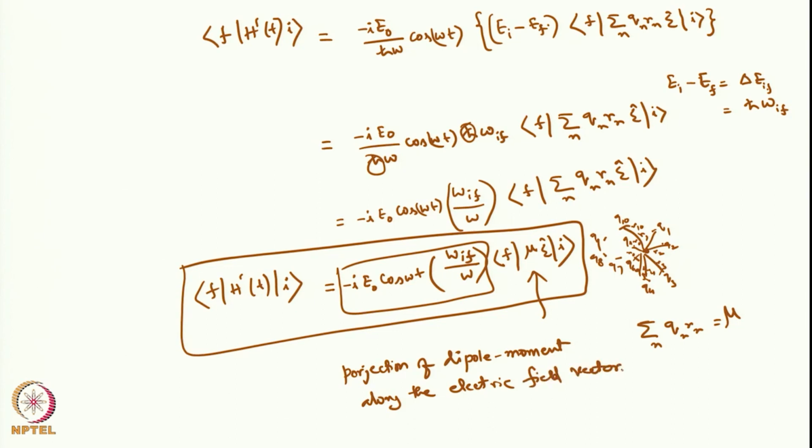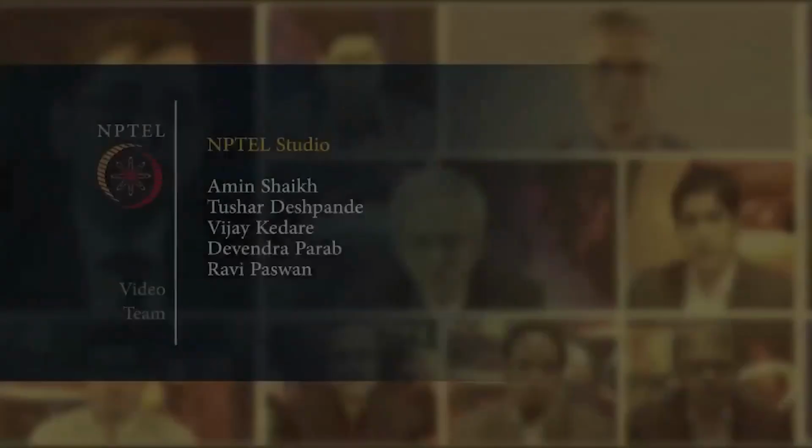Okay, and the projection of the dipole moment along the electric field vector determines the selection rules, and this will lead to selection rules. Okay, we will stop here for this class and continue in the next lecture.